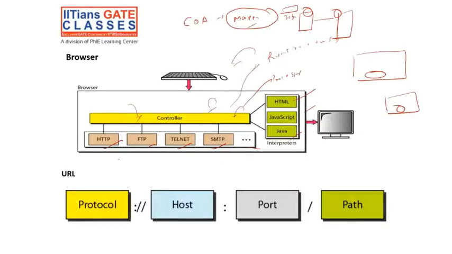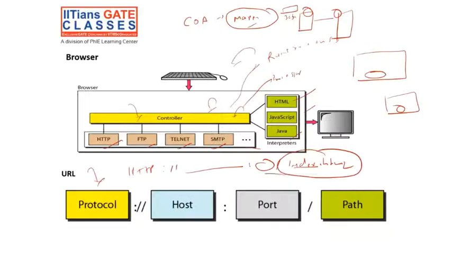What do we have to send? We have to send this URL, right? Your protocol HTTP, your host name www whatever, the port number, then the path where you want to go, like index.html. From the server, which file we want to access, index.html. So you need to send the path. You need to send the path, then only you can access the file.